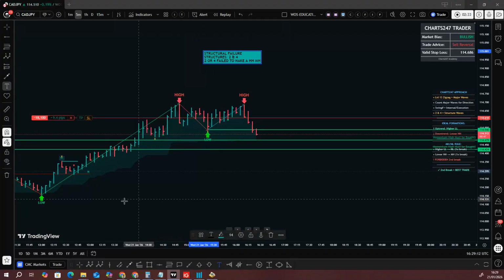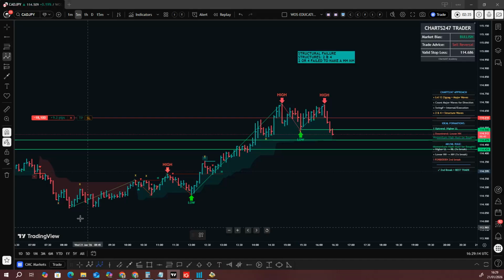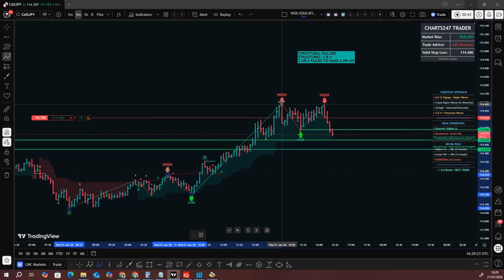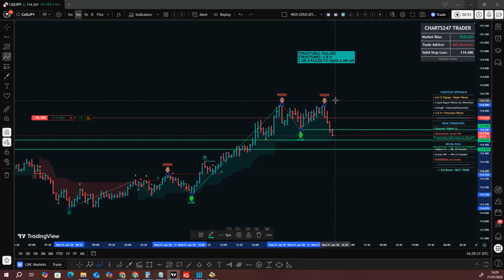If we draw the waves, this will be 0 ABC, 1, this will be 2, this will be 3, this will be 4, and this will be 5. Instead of making a higher high 5, this 4 made a lower high 5, and price proceeded to break that 4. That is a trend changing pattern.